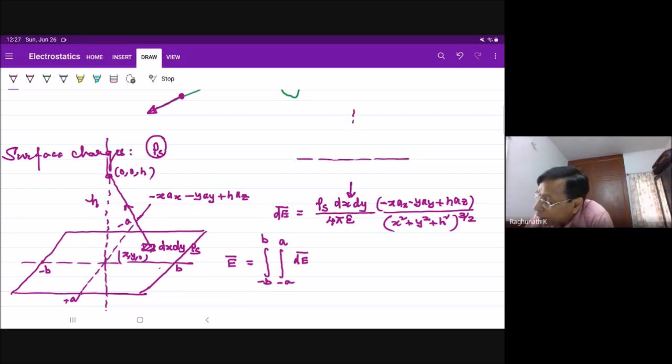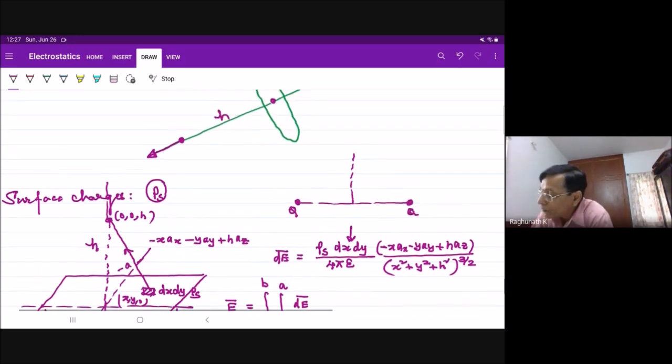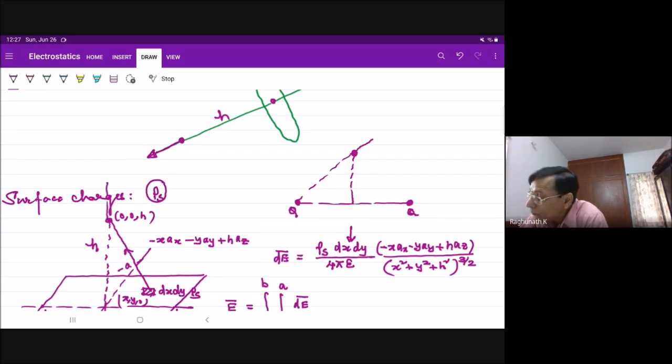in the case where you have a perpendicular bisector of the line joining two equal charges q and q, at this particular point the forces are of equal magnitude because it is a perpendicular bisector.